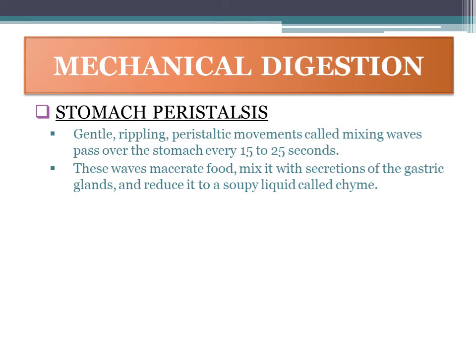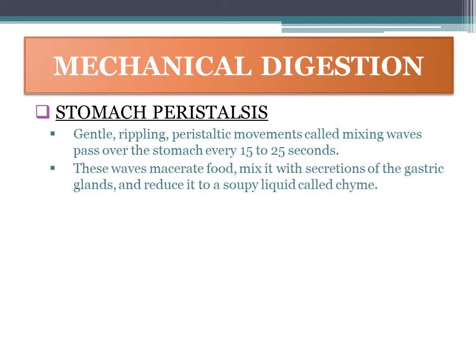To complete digestion in the stomach, there are 2 types of digestion, which are mechanical and chemical digestion. First we will look into mechanical digestion, which involves physically breaking down food substances into smaller particles by the movement of peristalsis.